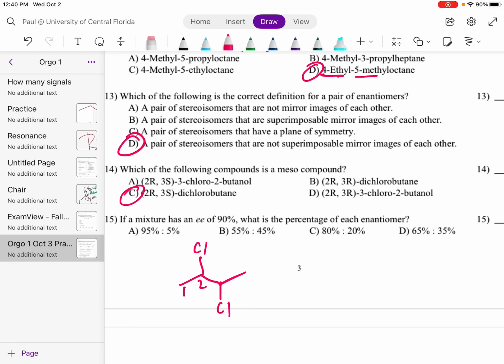If we want this to be an R, then we're going to want to go in the clockwise direction with the priority groups. Okay? So what are the top priority groups? Well, the chlorine is 1, that carbon 2, and that 3. Okay? So if we want to go in the clockwise direction and keep that R, then we would have to make that chlorine a wedge.